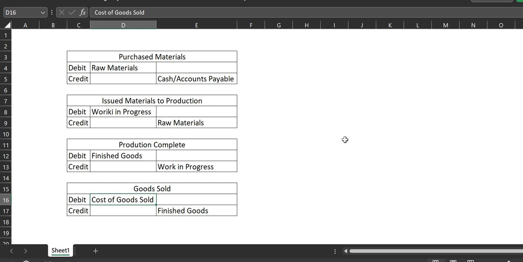So you can see this whole flow structure. First, the raw material you purchase is there in the balance sheet. Then you transferred that raw material to work in progress, still in the balance sheet. Now you completed the work and all the cost is now in finished goods. That's also in the balance sheet in the form of inventory.